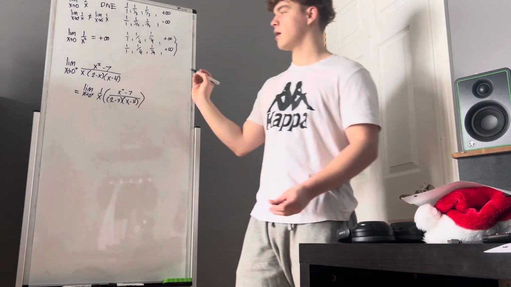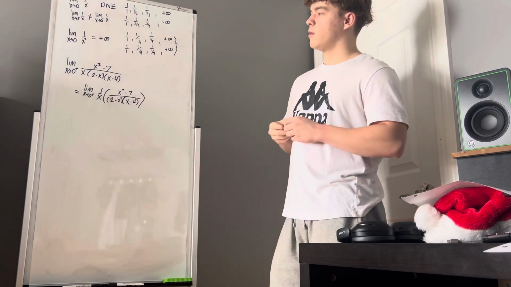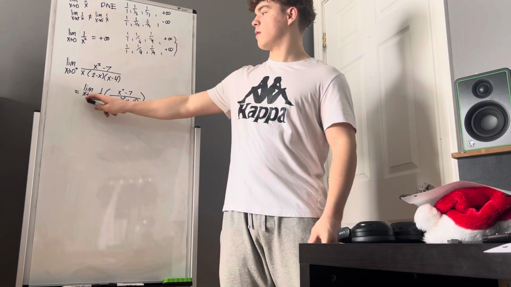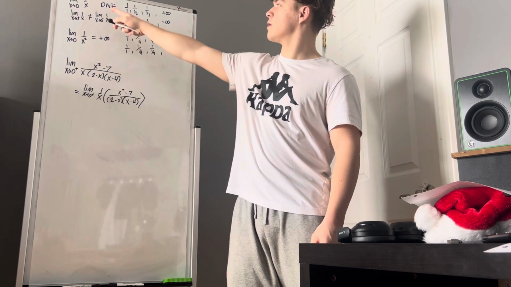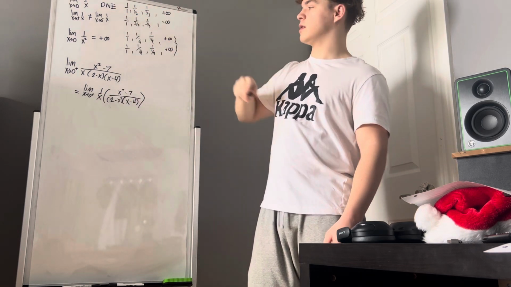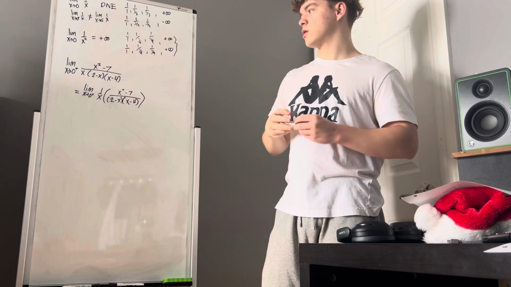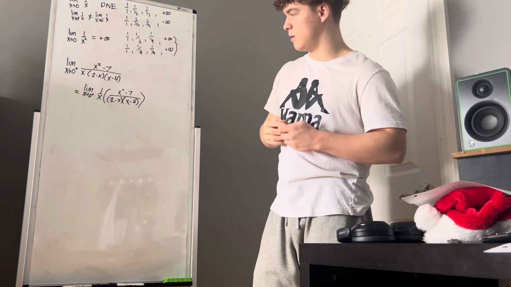So what are we going to get here? Well, we know that the limit as x approaches 0 from the positive of 1 over x we found over here. It's positive infinity.